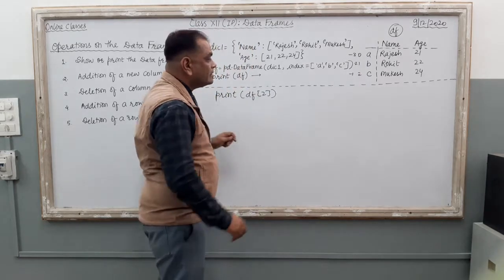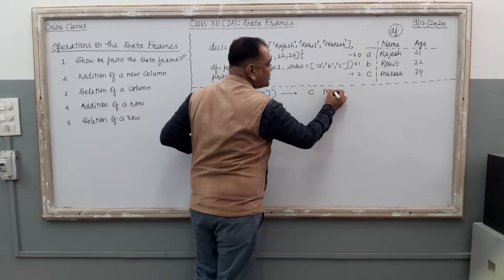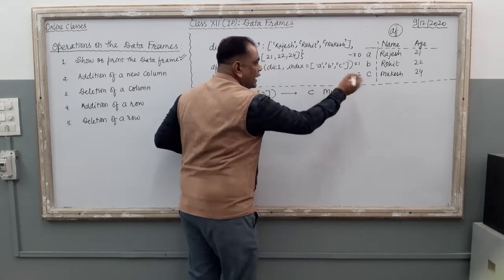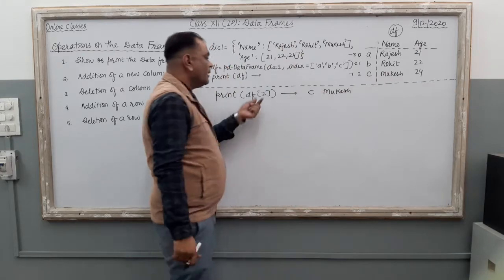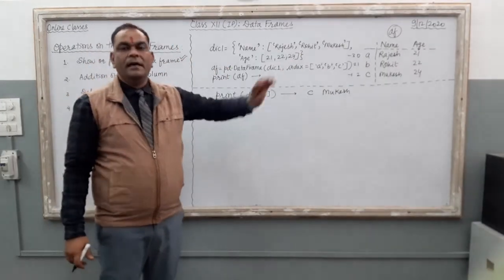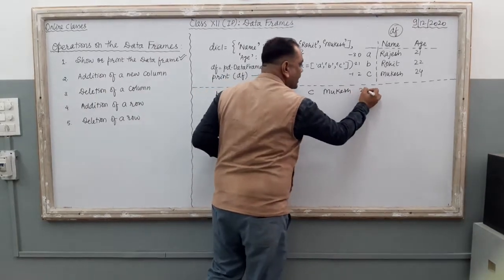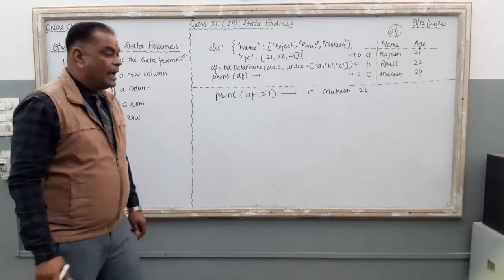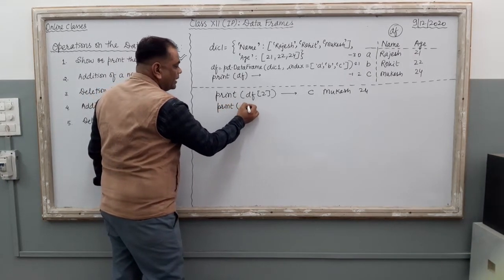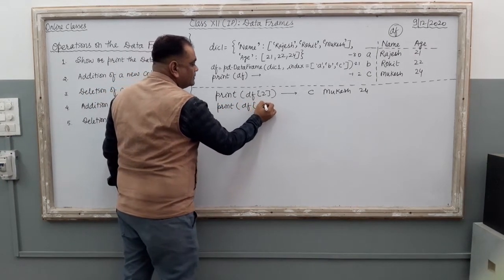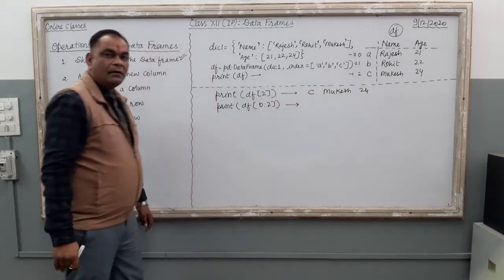So by using this command, the output is C, Mukesh, and then the age is 24. Now if you supply this, one row will be there on the monitor, right? C, Mukesh, and then the age is 24. If you supply the command print(df[0:2]), it is a slicing, right?